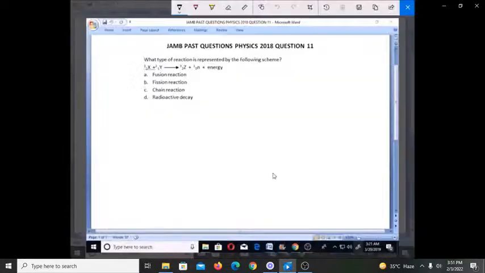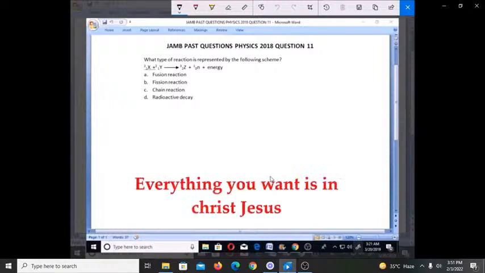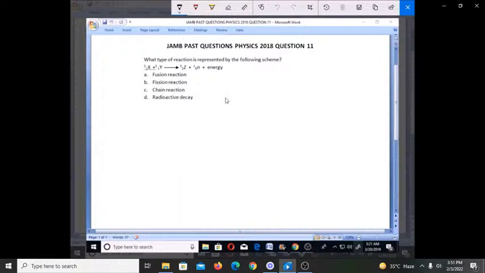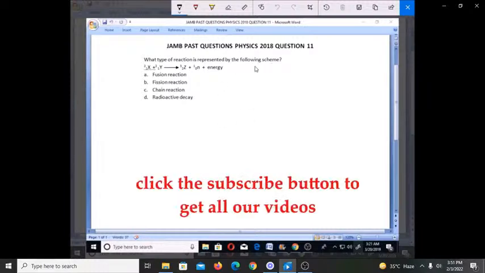Welcome. Let's look at question number 11 from JAMB Past Questions Physics 2018. The question goes: what type of reaction is represented by the following scheme?